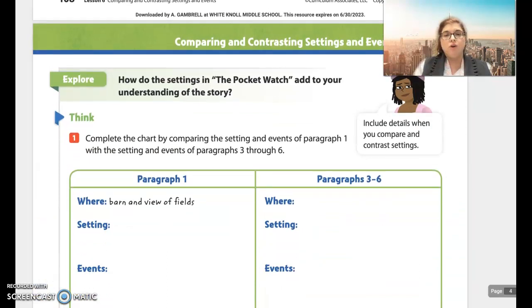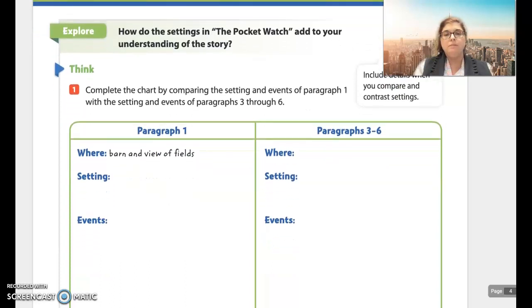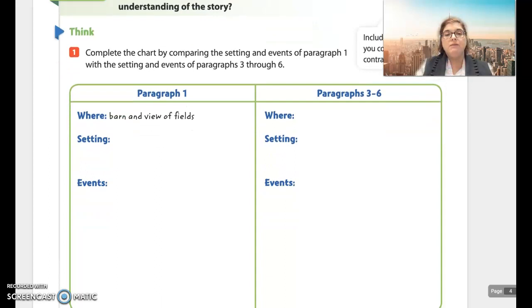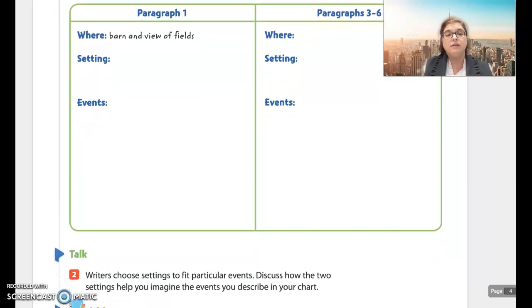And this is for your own. I want you to read the pocket watch, and then I want you to complete the chart comparing the setting and the events of paragraph 1 with the setting and events in paragraphs 3 through 6.